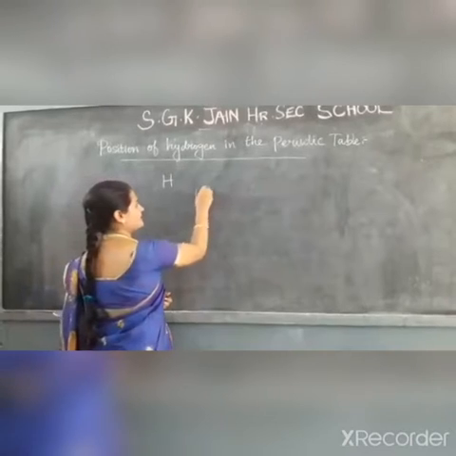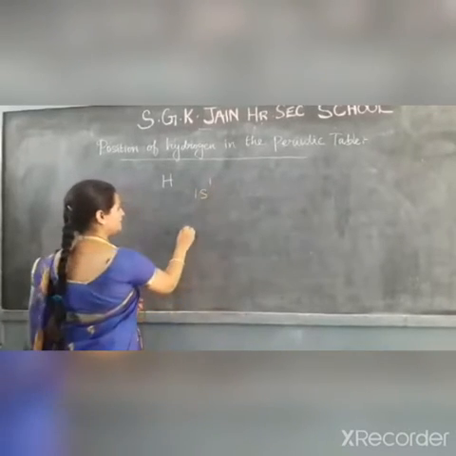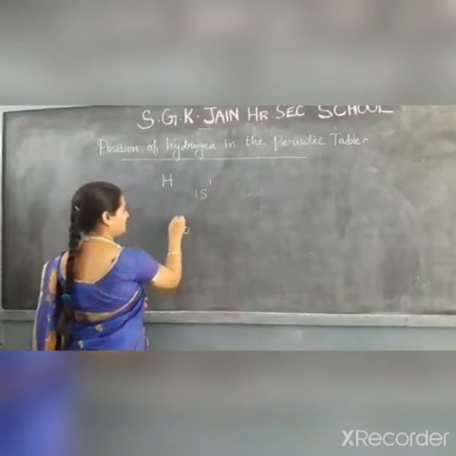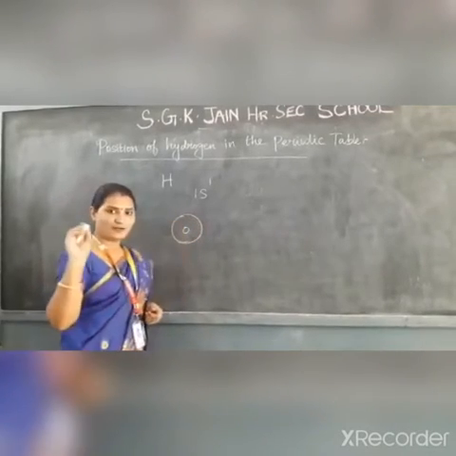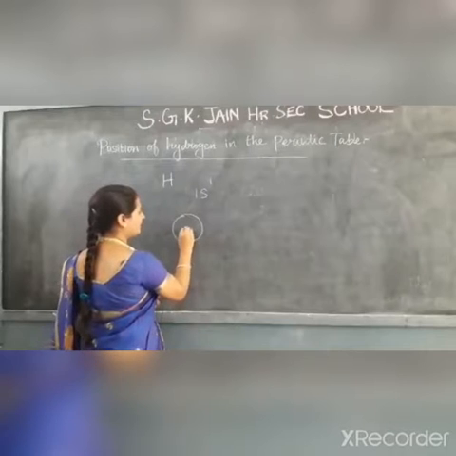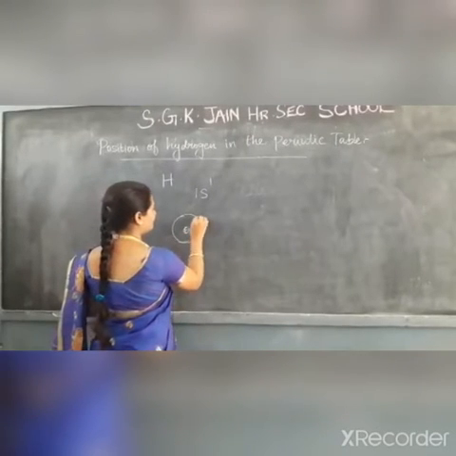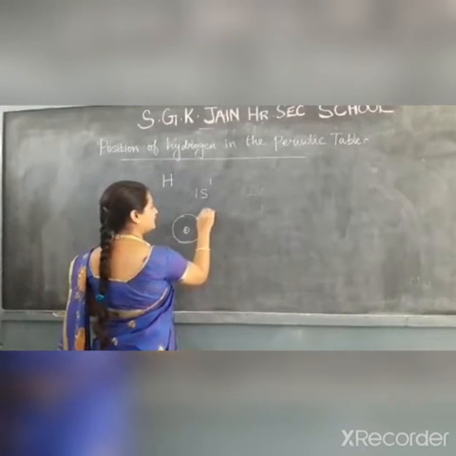Its electronic configuration is 1s1. How? This is the nucleus and hydrogen has only one electron, it has only one orbit, and here the proton is present and the electron is revolving around the nucleus.